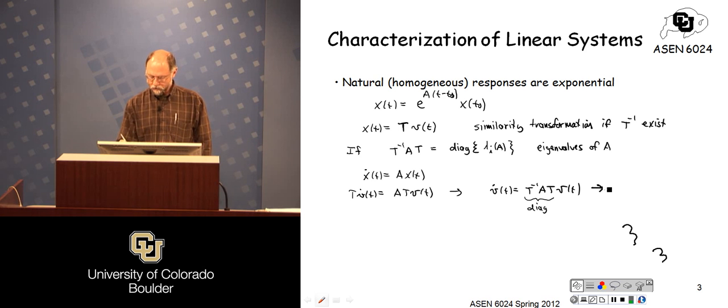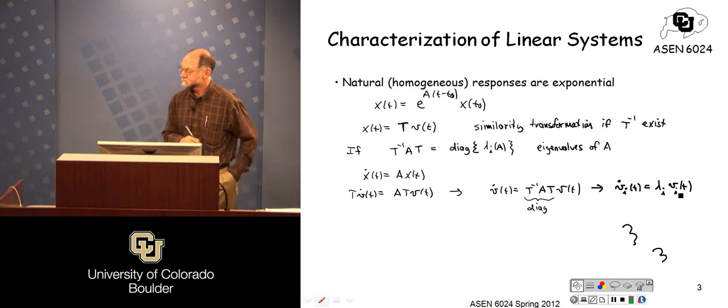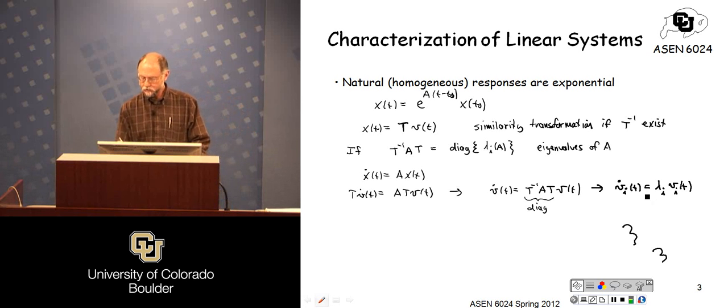So, in other words, if I look at just these individual elements, vi, of the vector v, that's going to be lambda i vi. Okay? And now the solution to that scalar differential equation is the simple exponential solution, e to lambda i t.